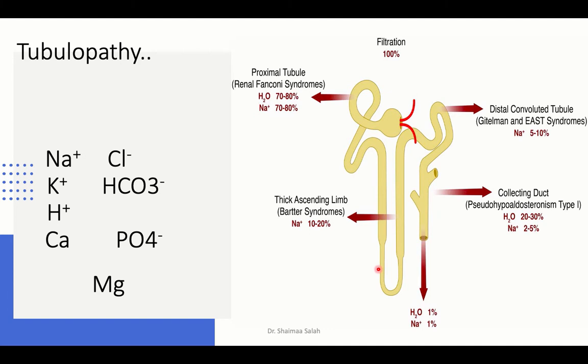The same effect can be seen in Bartter syndrome, which is caused by a tubular defect here in the loop of Henle in the same transporter.